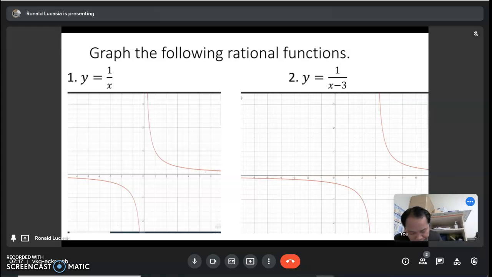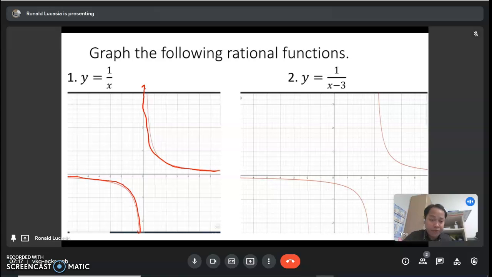As the graph of this function approaches positive infinity, it gets closer and closer to x equals 0. Same thing here: as the graph approaches negative infinity, it gets closer and closer to y equals 0. However, it will not touch the x-axis.